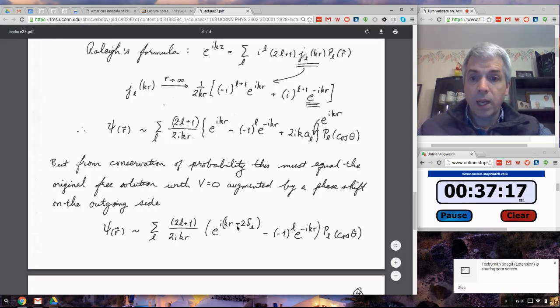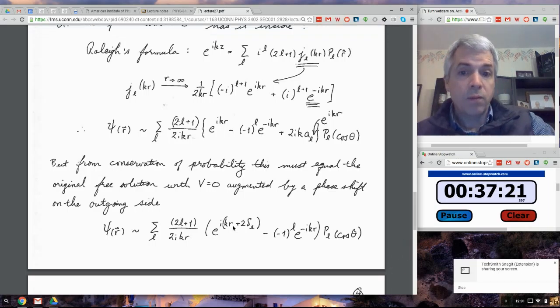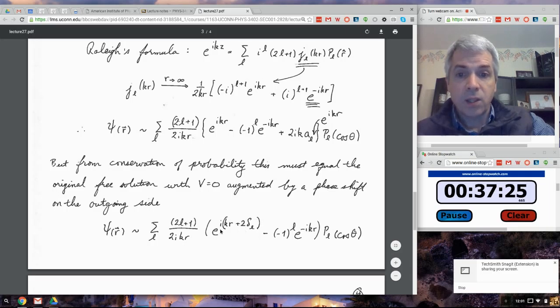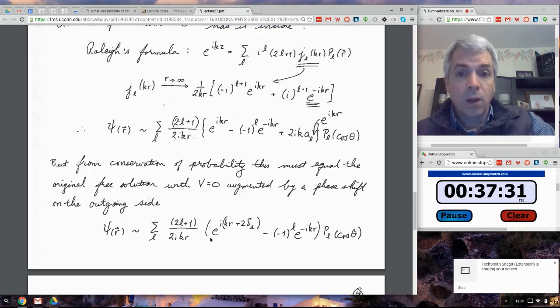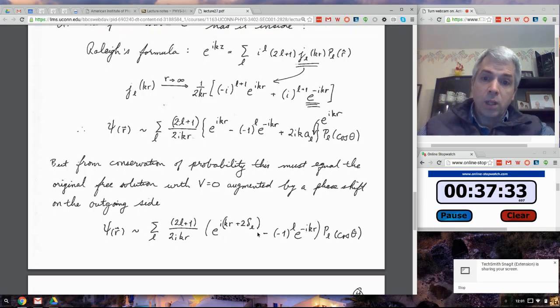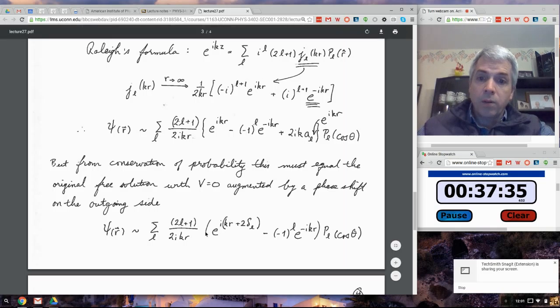So we write e to the IKR. Now let's put V back in. What can V do? The worst thing it can do is advance the phase on the outgoing term, just advance it by 2 delta. That's the only thing it can do. So all we do is write the free solution and tweak the outgoing phase by 2 delta. Boom, that's done.